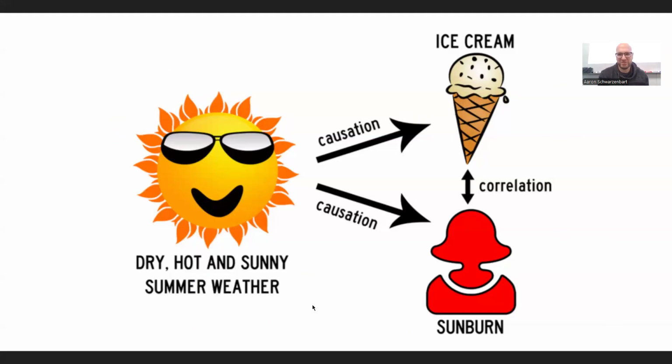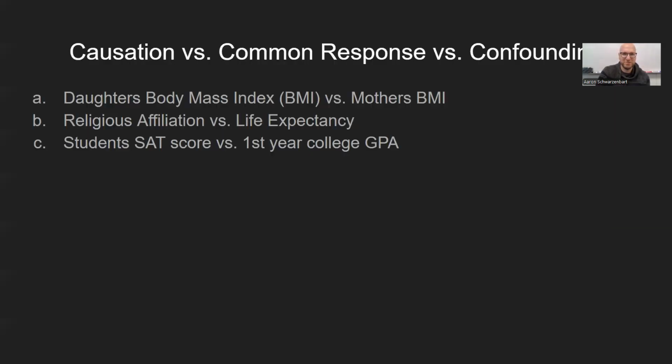This is common response: the correlation between ice cream sales and sunburn. Sunburn and ice cream sales do not cause each other, but hot sunny days do tend to increase both. That's a great common response example.